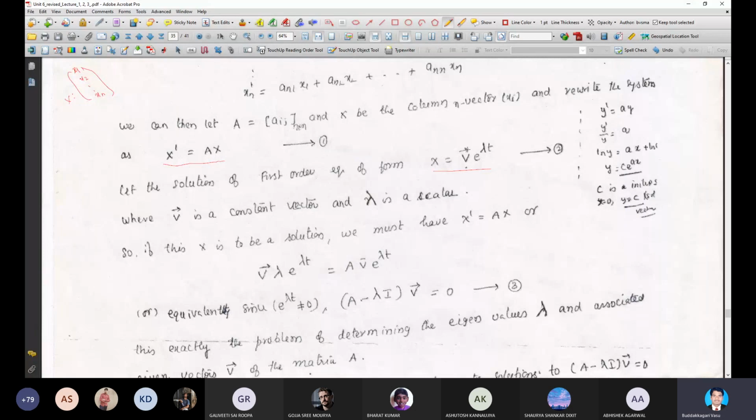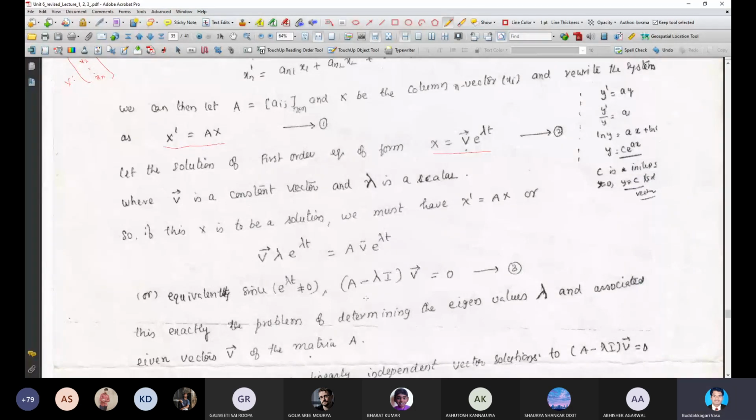So we can simplify this, resulting in a minus lambda I into v bar is equal to 0. Why? Because e power lambda t you take common and this is not equal to 0, this is an exponential function, right? So what does this indicate? A minus lambda I into v bar is equal to 0.